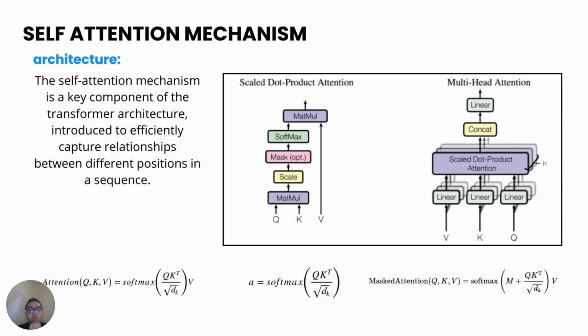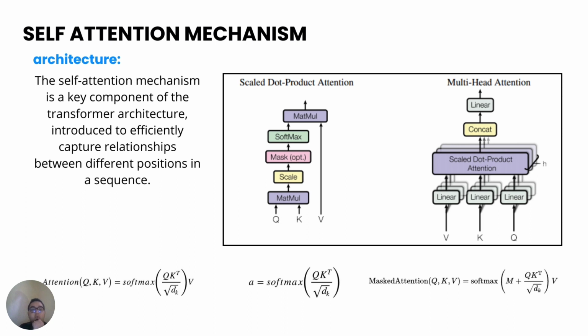It's composed of three linear layers, a scaled dot product attention layer, a concat layer, and a linear layer. The scaled dot product attention is itself composed of a matrix multiplication layer, a scale layer, an optional mask layer, a softmax layer, and a final matrix multiplication.